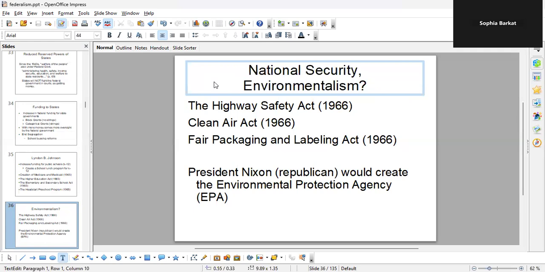The Clean Air Act has to do with environmentalism. The Fair Packaging and Labeling Act, I think that has to do with food, nutrition, health, all of that, right? So President Nixon, who is a Republican, actually is responsible for creating the Environmental Protection Agency, or the EPA, that the Republicans today greatly oppose, ironically.